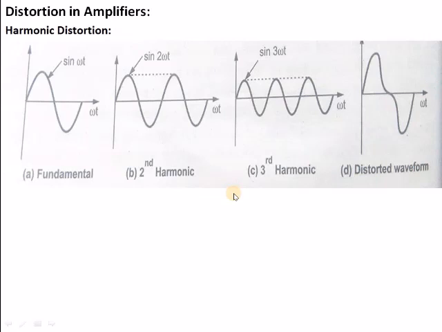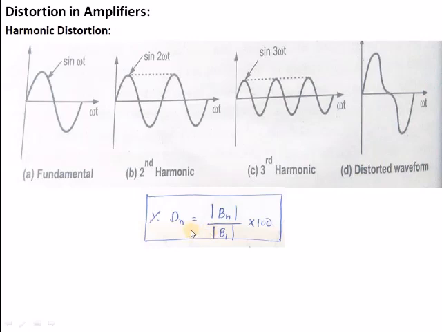Let us assume the amplitude of the fundamental frequency is B1 and the amplitude of the nth harmonic is Bn. Then the distortion percentage is Dn equals Bn divided by B1 into 100, where Bn is the amplitude of the nth harmonic and B1 is the amplitude of the fundamental signal.